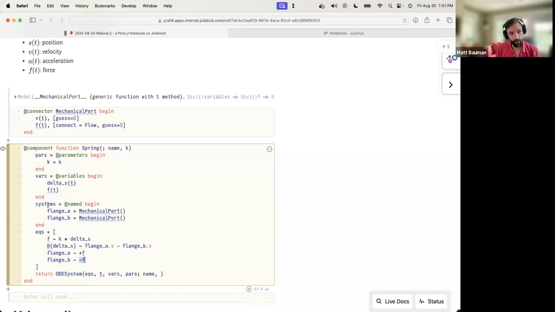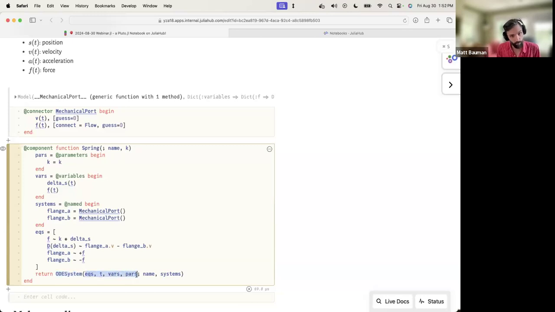So that gives us our systems. We need to pass these systems to our ODE system to link it all together. So that's how we do this. This is now our complete spring, where we have parameters, variables, systems to connect the spring to other things, equations that define exactly how that works, and then the ODE system bundles it all together for us into a final wrapped thing.